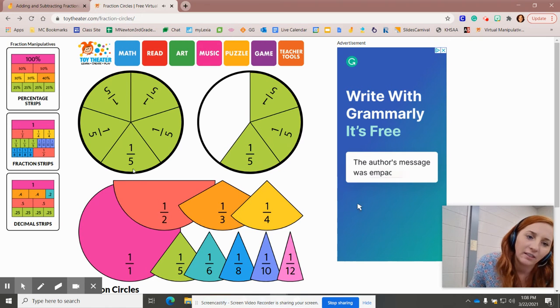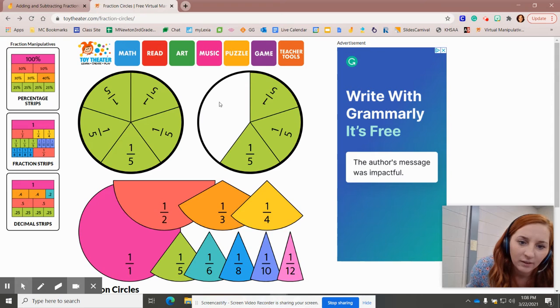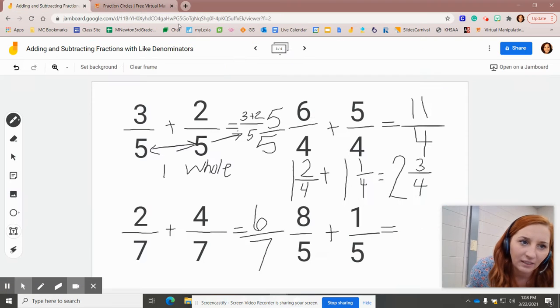There's 8/5, which you know is the same thing as 1 and 3/5. Well, all we have to do is just add one more, and that gets us 5, 6, 7, 8, 9/5. We know that we keep the 5 the same, and we just add our numerators.